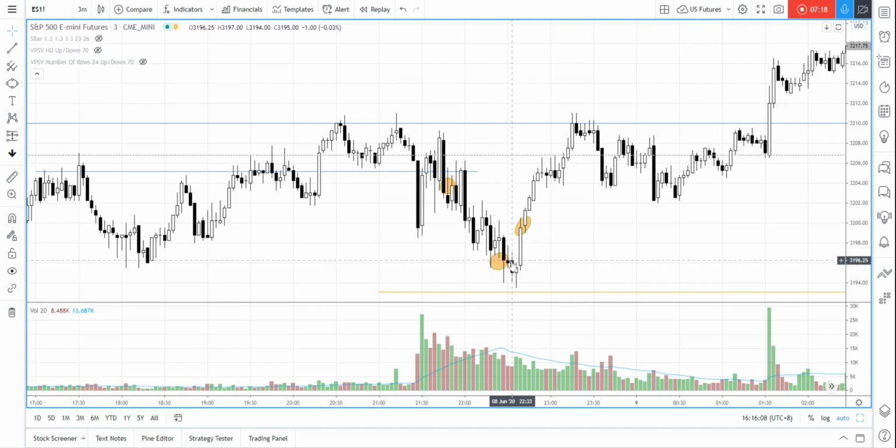Subsequently, I just kept waiting, and unfortunately I saw this kind of reversal bar together with quite a good demand here. I exited the rest of my position here. So that is my trade: I scaled out 50% of my position and exited all of the position at this bullish bar here.